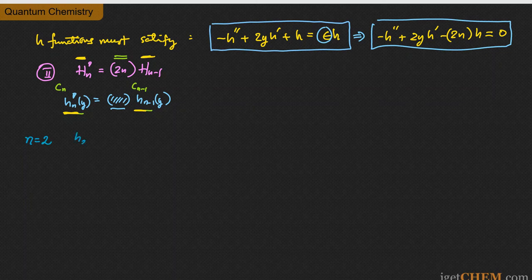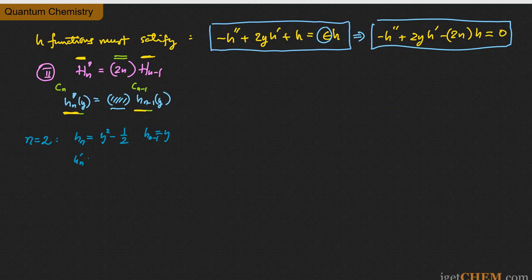Let me just write h_n, because now I know n is equal to 2. So h_n, as we have said, is y squared minus 1/2. And now h_{n-1} is y. So the question is, is the derivative of h_n proportional to h_{n-1} for all values of y with the same proportionality constant?